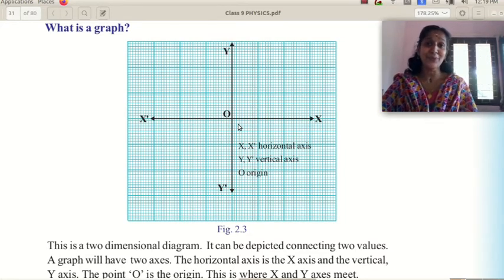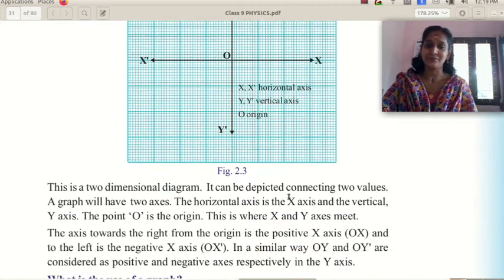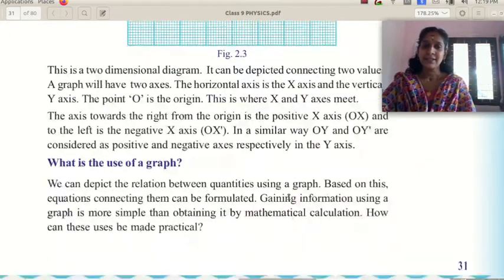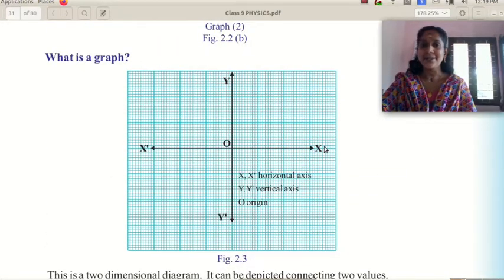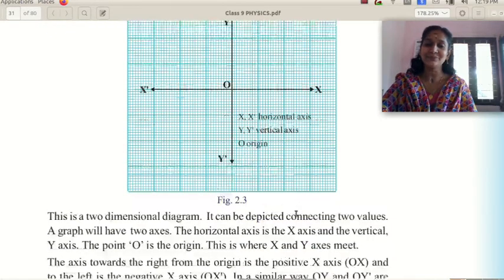I think all of you know this because you studied it in maths. You drew so many graphs in maths class. I know. However, we are discussing it here. So, O to x can be considered positive and O to x dash negative. O to y can be considered positive and O to y dash negative. Okay?